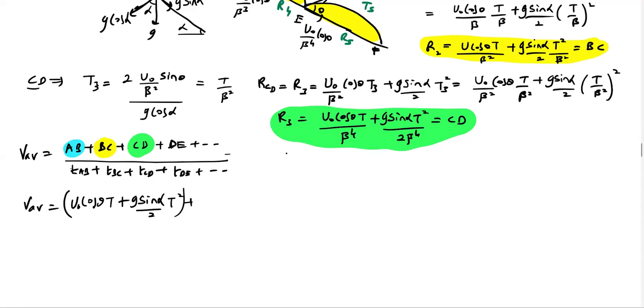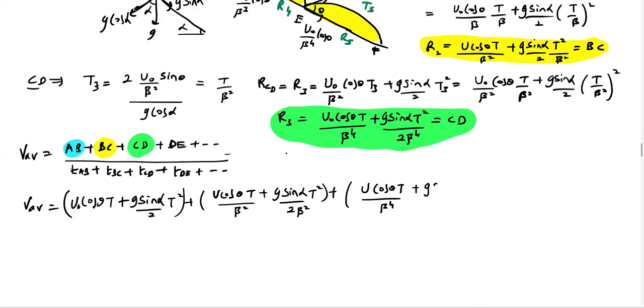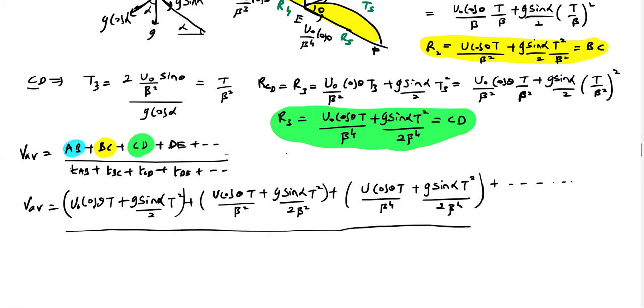So this is 1. Next, BC will be U cos theta T by beta square, and so on, all divided by time of flight.